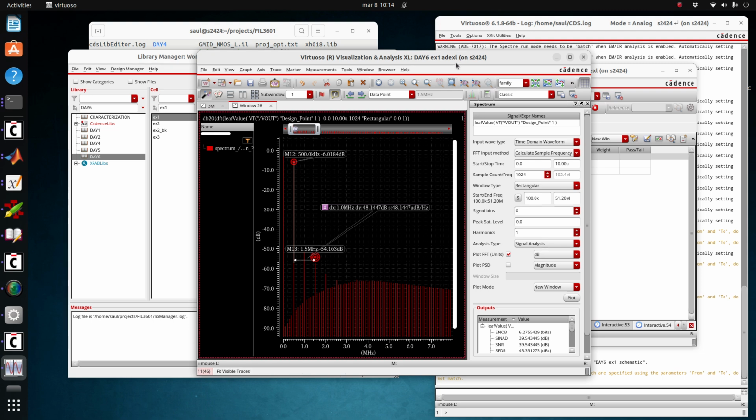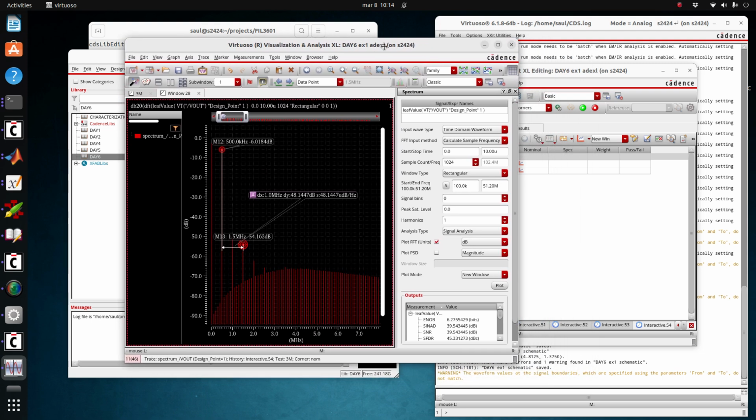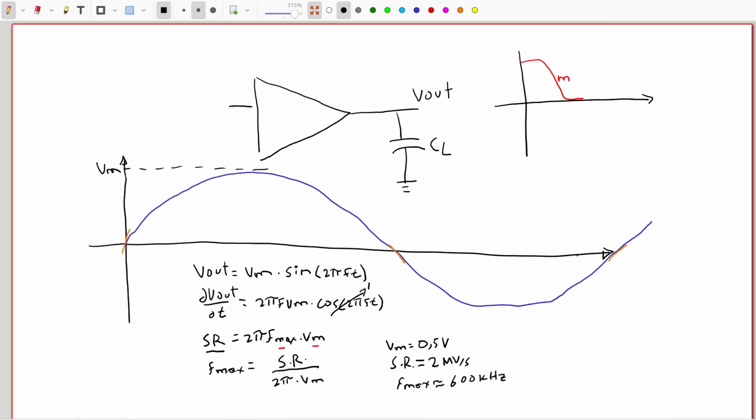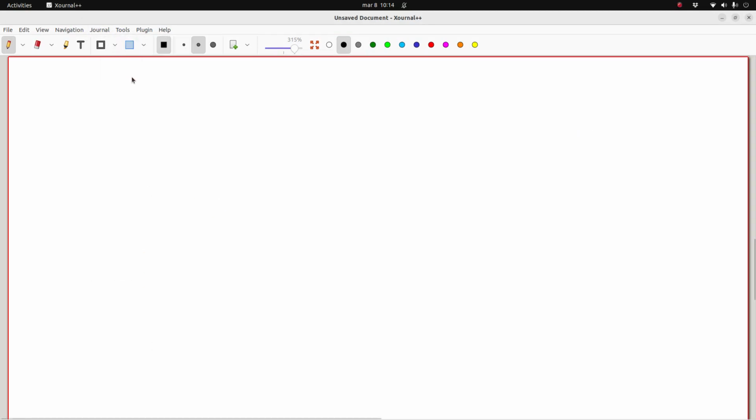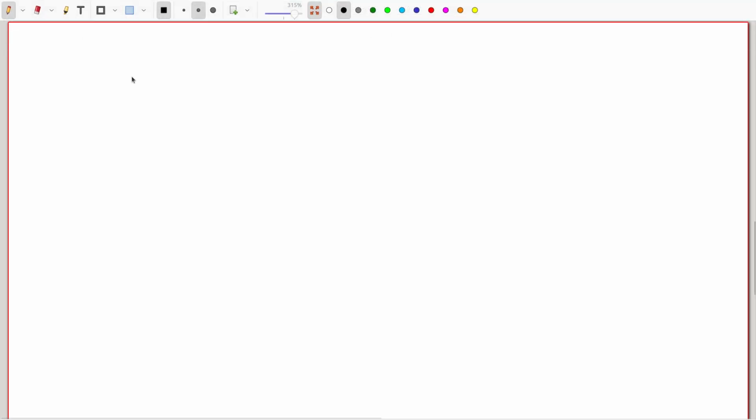Now, what is the origin of this slewing rate? If we go back to our circuit here, we can create a new page and draw it very quickly.